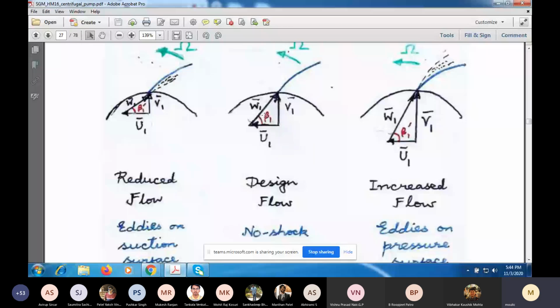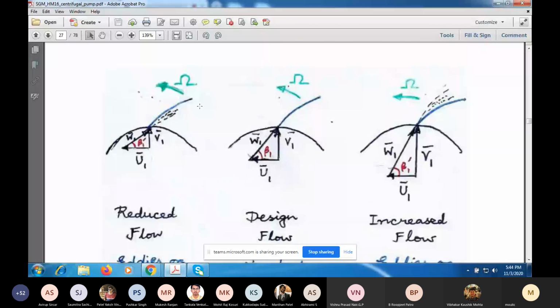Now, suppose you have a case where the angular speed of the pump is constant. That will be the case because it is being run by a synchronous motor. So I am drawing the velocity triangle at a point where the radial line, the base of the impeller, is vertical. V1 is vertical in all the three case diagrams here, and U1 is horizontal, and the magnitude of U1 is the same.